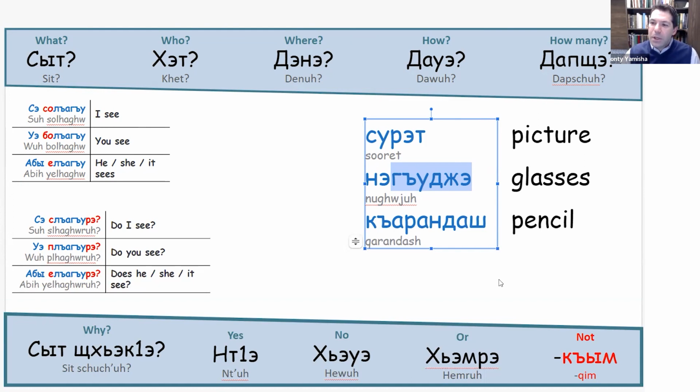So think of ghudja not as mirror. Think of ghudja as looking glass. And then think of glasses as eye looking glass. A looking glass for your eye. Okay? So ghudja, eyeglasses. All right?